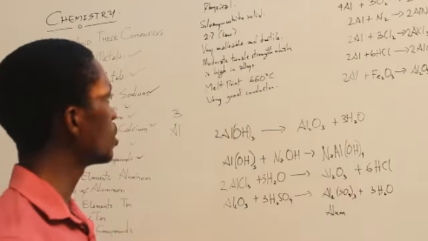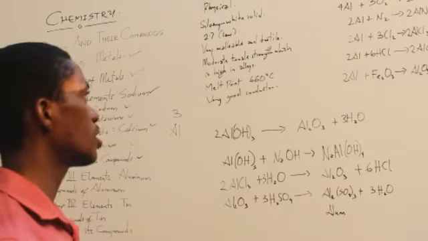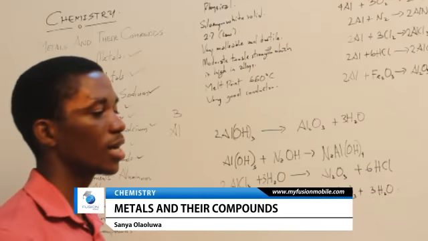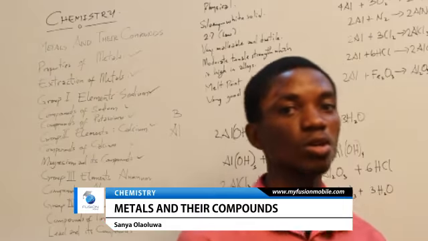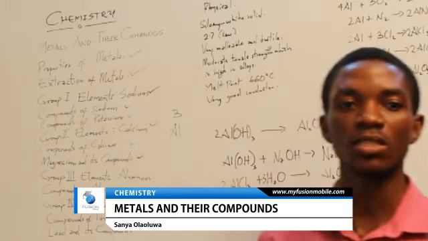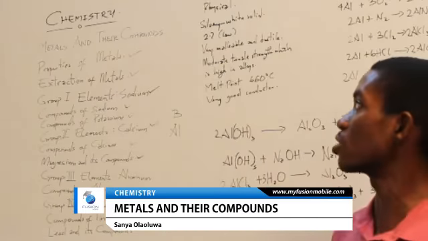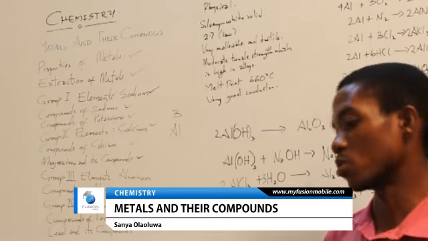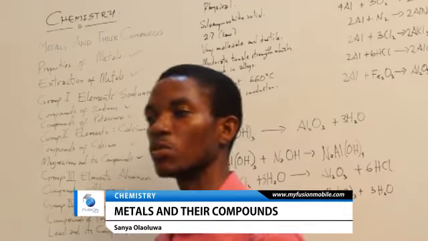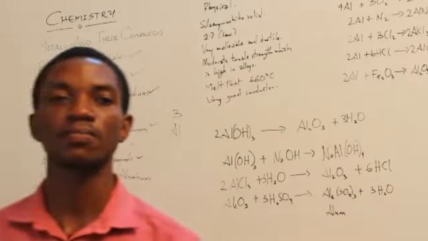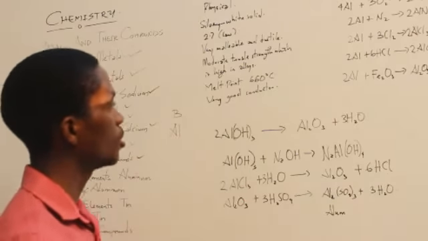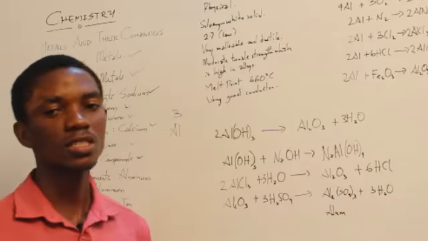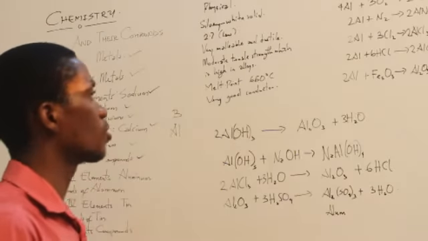It is moderately strong, and when it is alloyed, it becomes even stronger in terms of its tensile strength. The melting point of aluminium is around 660 degrees Celsius, and it is a very good conductor of heat and electricity.